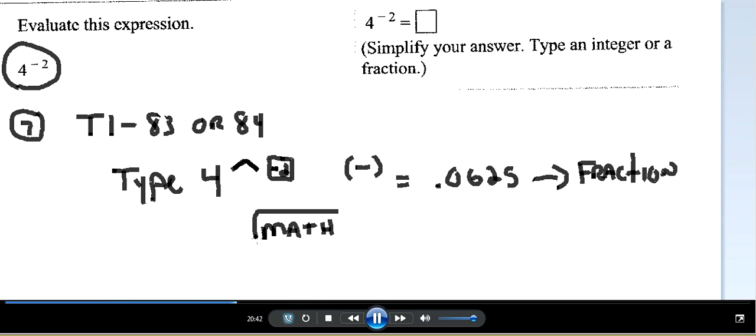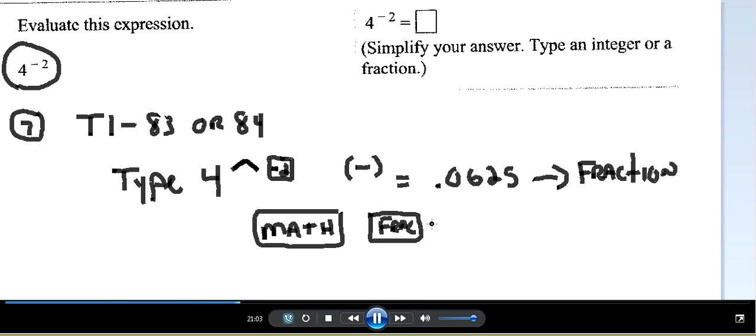You're going to hit math, and then you're going to hit number 1 where it says fraction.